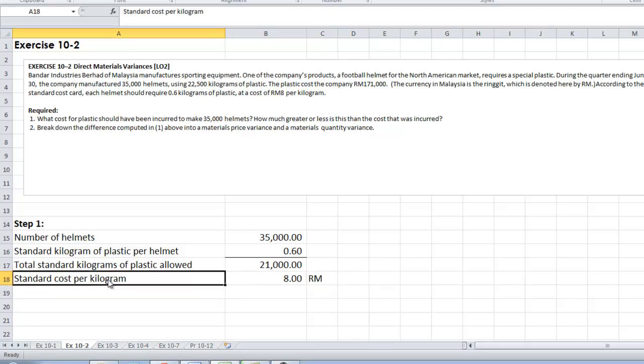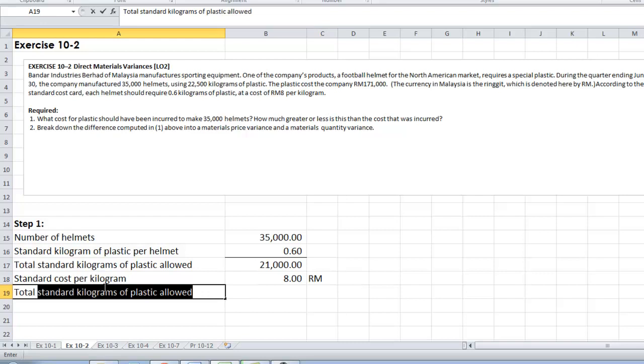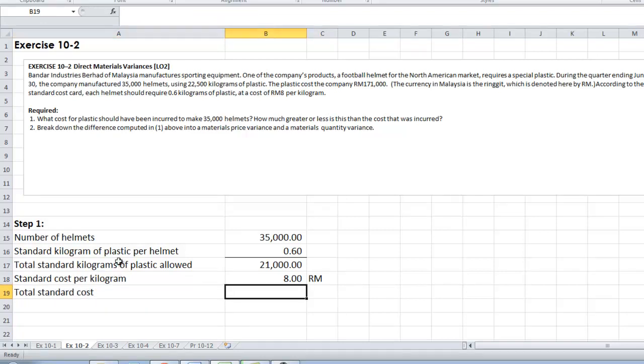So the total standard cost should have been the standard kilograms times the standard cost. And this is in RM.